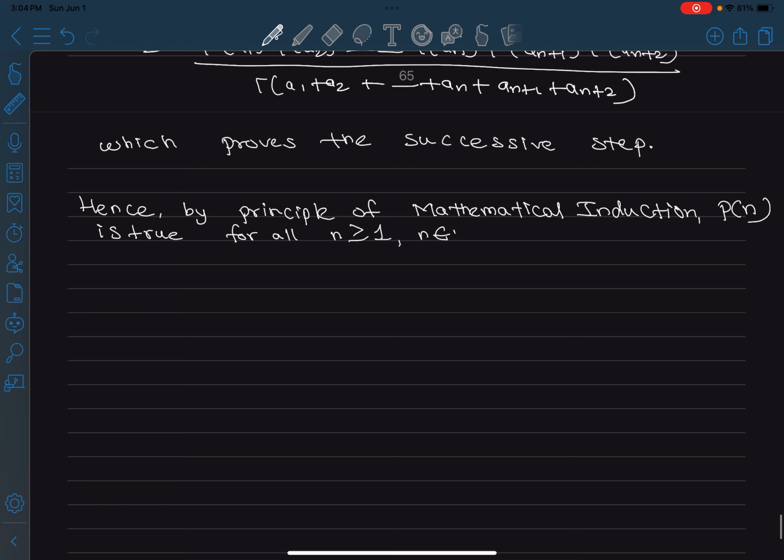Also, n should be a natural number, because 1 leads to 2, 2 leads to 3, 3 leads to 4, right? So it's only a proof for natural numbers. But definitely it's mathematicians' job to generalize it for any real numbers, and they will just do it.